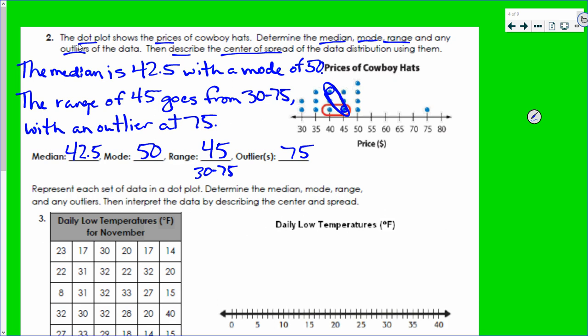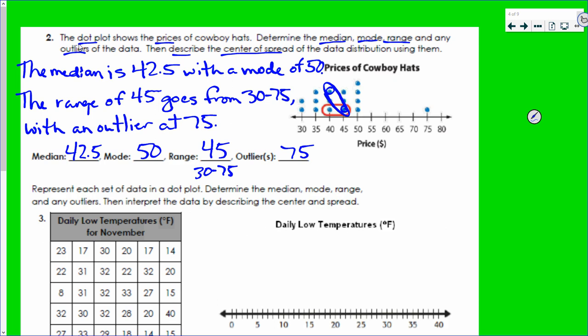So the median of 42.5 tells me, okay, I got numbers that are centered around 42. I have a mode of 50, so most of them are actually a little bit above my median. And then an outlier of 75. What this also tells me is mean would not be a good average on this data set, because my mode is to the right, and then I have an outlier further to the right, so my mean is actually going to be higher than most of my data points.